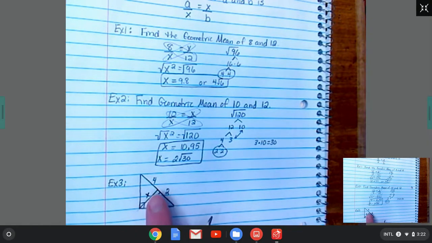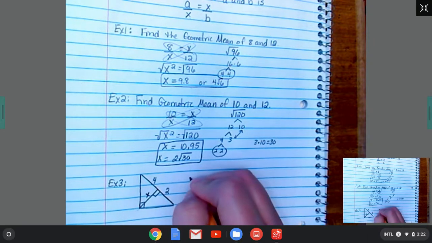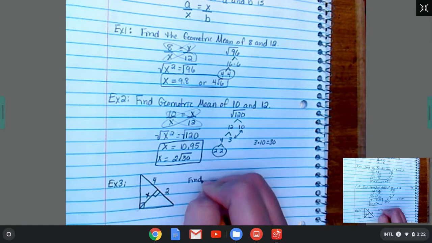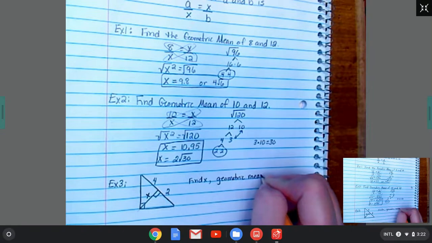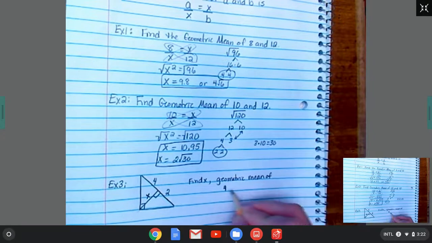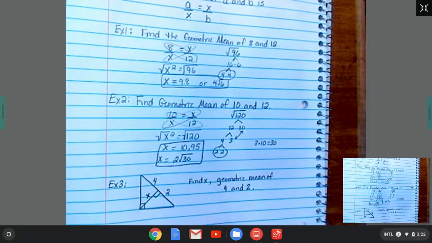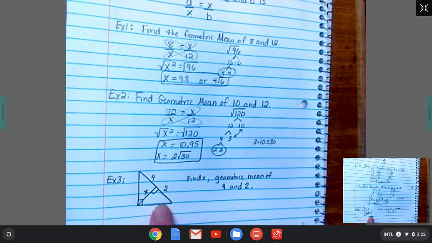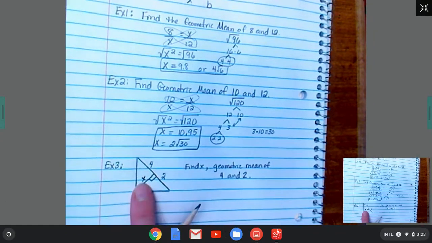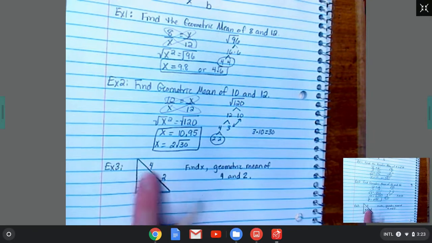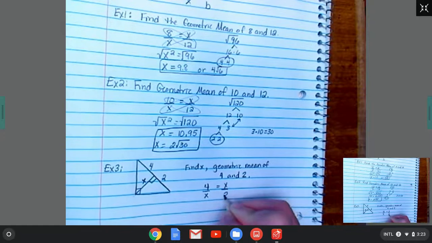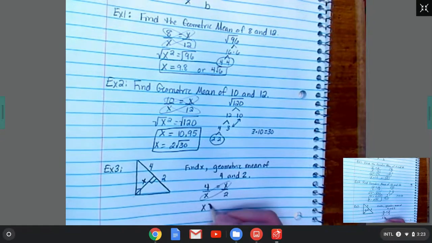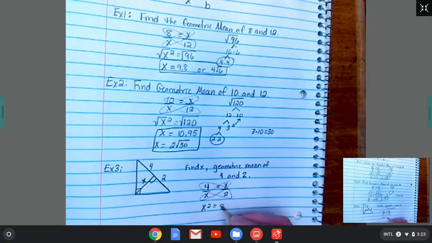So x is the geometric mean of 4 and 2. So we do find x, the geometric mean of 4 and 2. And in the book, it goes on to find these other sides, but I didn't want to take time to do that. So we'll just find this little segment in the middle, and we just use those numbers 4 and 2. 4 over x, x over 2, we cross multiply. 4 times 2 is 8.